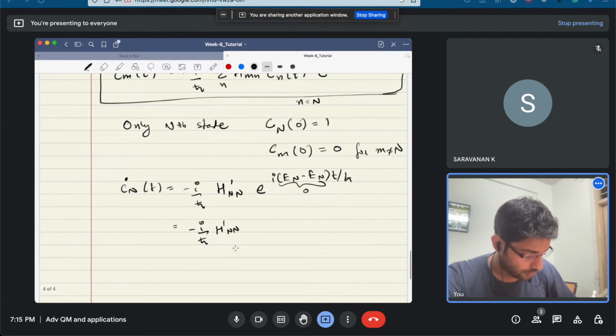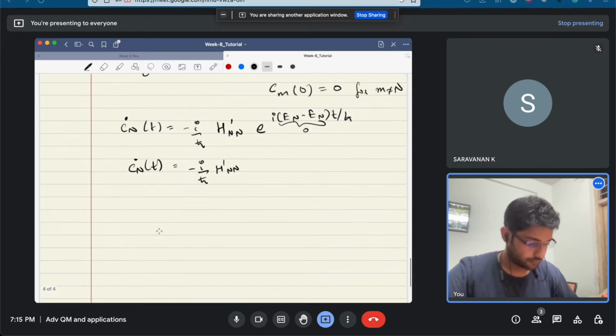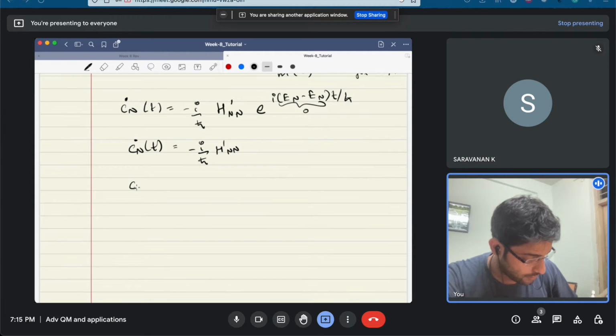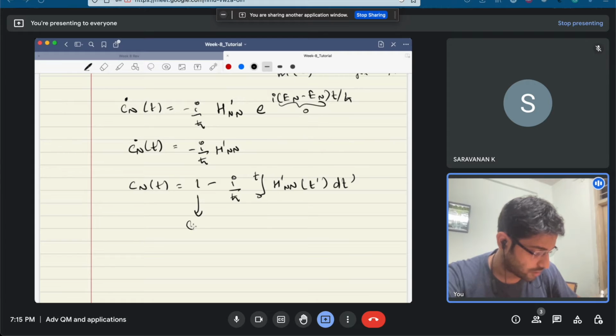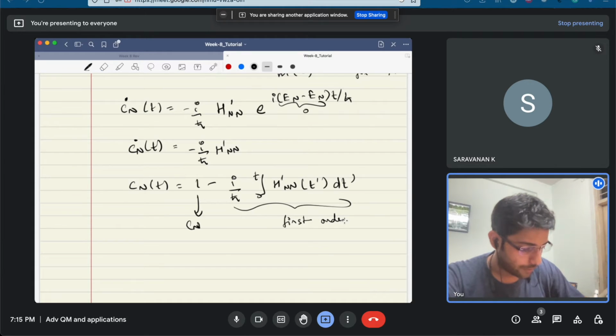So this is your Cn dot of t, right? So you can calculate easily that your Cn of t will be nothing but 1 minus I by h bar integral 0 to t H prime nn of t prime dt prime. So this is the initial, your 0th order, and then this comes from the first order of the time dependent perturbation theory.